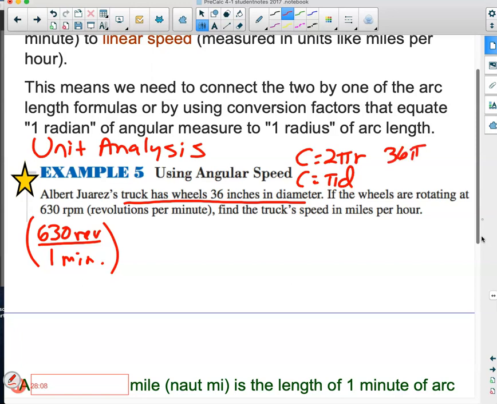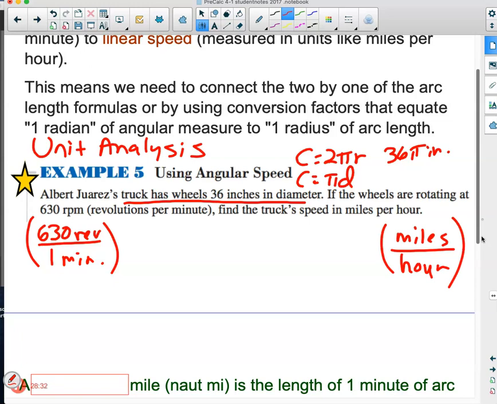Now, obviously, it's going to be 36 pi inches. That's usually where students have a little trouble. So here's what I want you to do. I want you to look ahead and say, what is my answer supposed to be? My answer is supposed to be miles per hour.